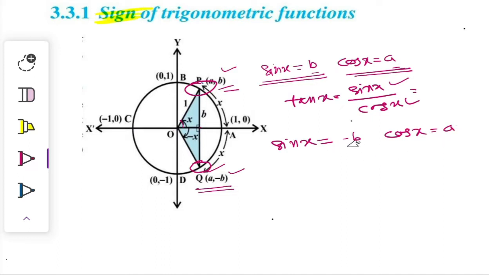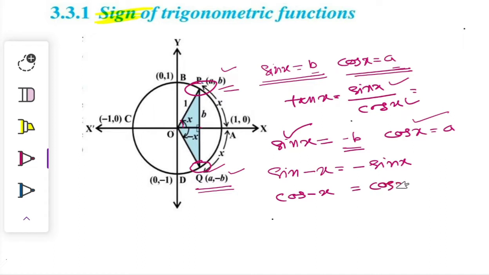Here the sign of sin x changes and cos x remains positive. Therefore, sin(-x) equals minus sin x and cos(-x) equals cos x, because cos x is positive.